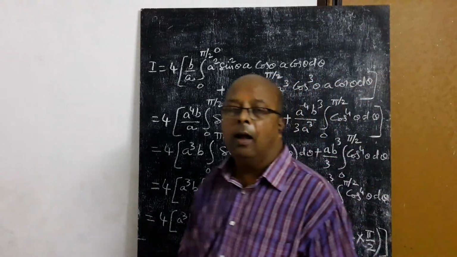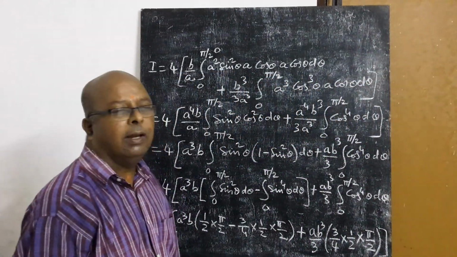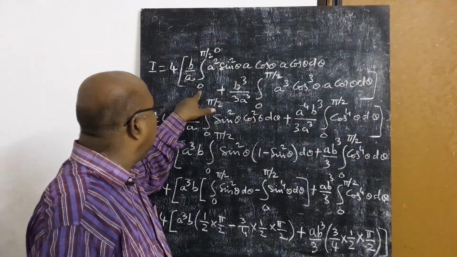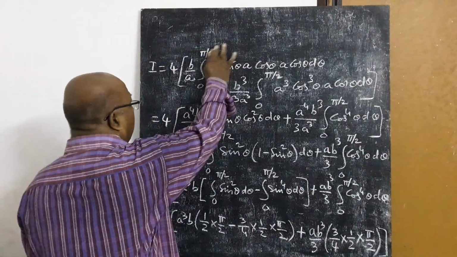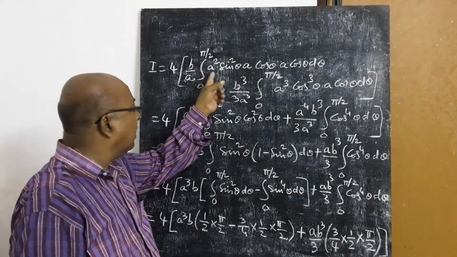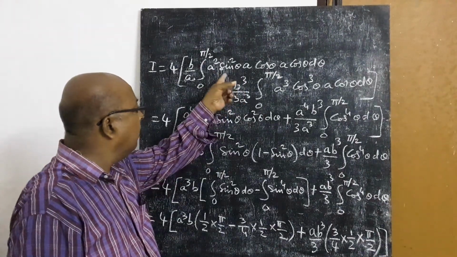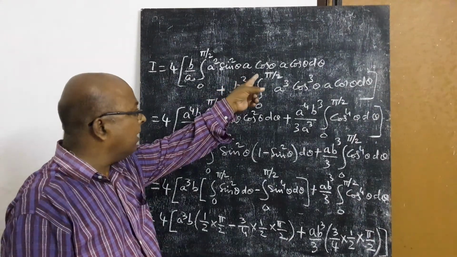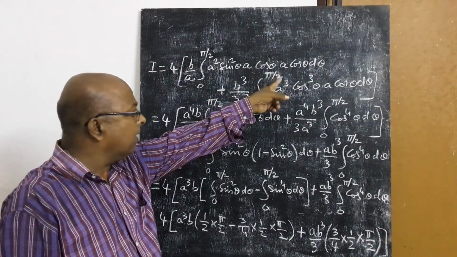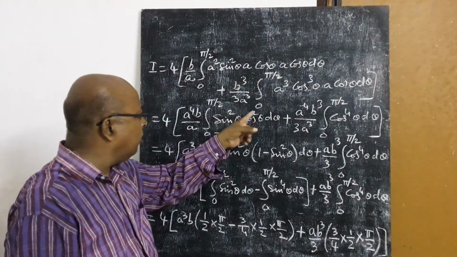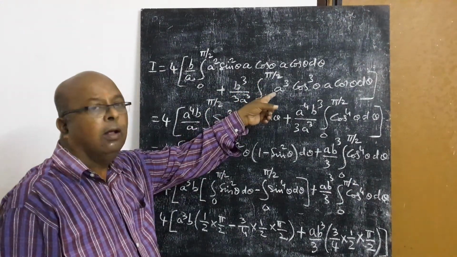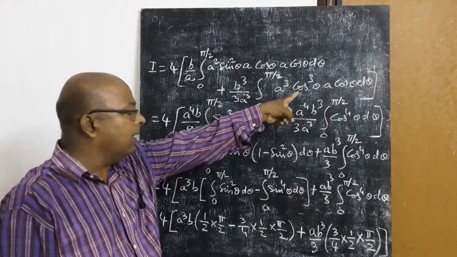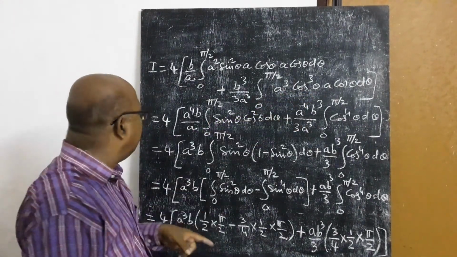Substituting these values in the above, we get I is equal to 4 into b by a integral 0 to pi by 2 a square sin square theta into square root of a square minus x square, which is a cos theta, dx means a cos theta d theta, plus b cube by 3a cube integral 0 to pi by 2 a square minus x square whole power 3 by 2, value a cube cos cube theta, dx value a cos theta d theta.